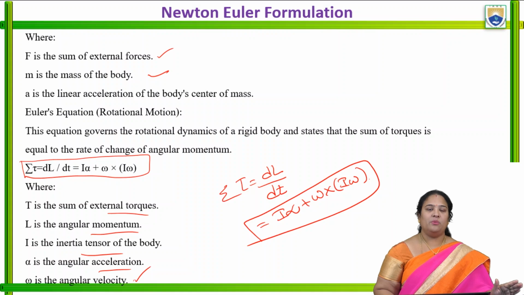So when we combine both Newton's formulation and Euler's formulation, we describe both the rotational as well as the translational motion of the robot being designed, where we take T as the torque, and we consider torque, force, angular velocity, acceleration, gravity, force, mass, area, all of which come under consideration, right? So hope you have understood the Newton-Euler formulation.